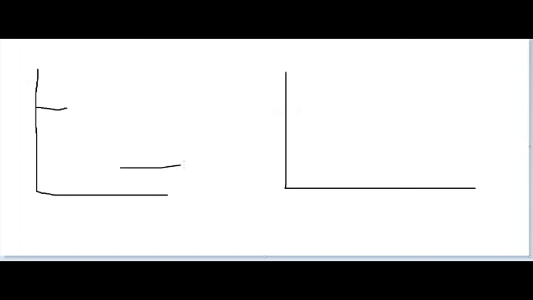In the elementary reaction, this is the reactant and this is the product.